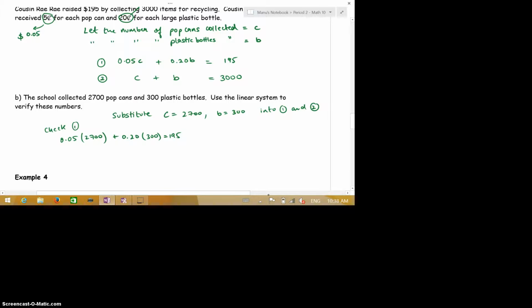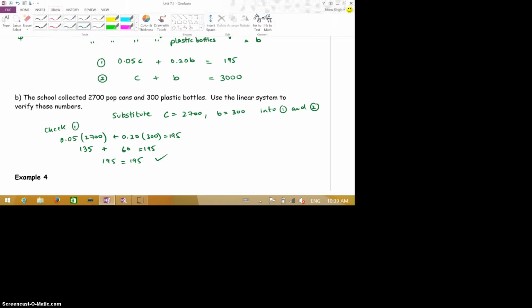Okay, let's do a little bit of number crunching here. 2,700 times 0.05, what does that give you? 135, plus 0.20 times 300, 60, has to equal 195. Which means 195 has to equal 195. Does that statement make sense? Yeah, so it's confirmed. Left hand side equals right hand side.